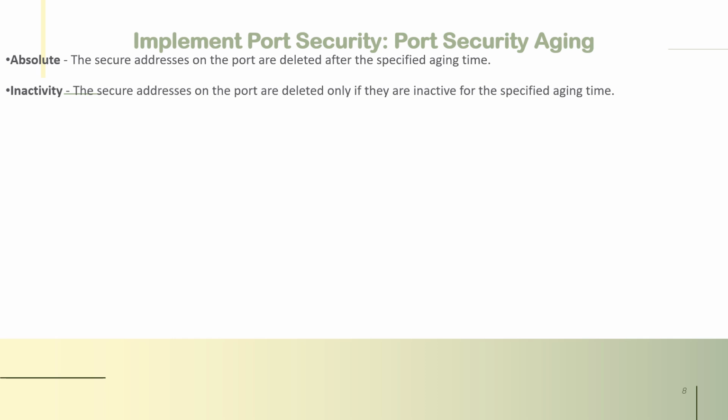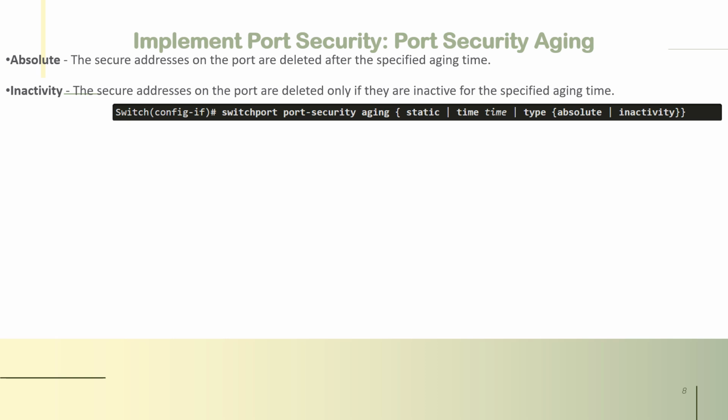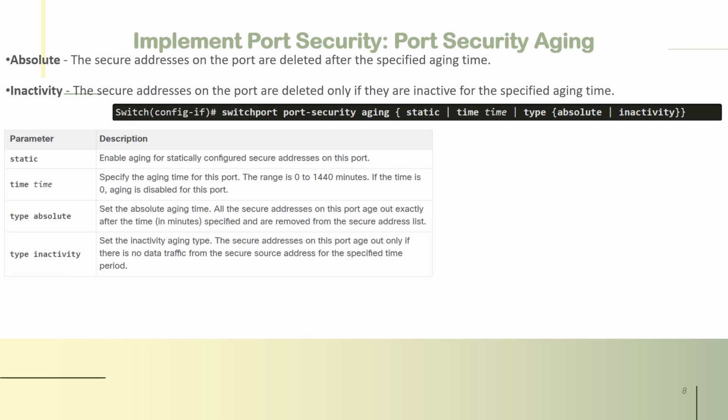Aging of statically configured secure addresses can be enabled or disabled on a per-port basis. Use the switchport port-security aging command to enable or disable static aging for the secure port or to set the aging time or type. And the parameters for the command are described here in this table.